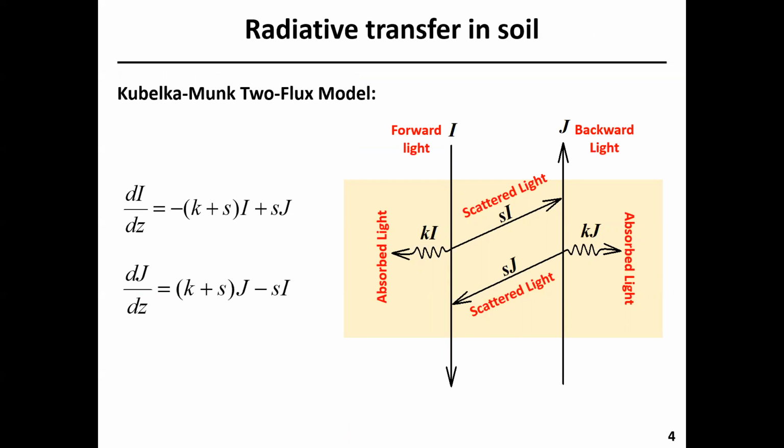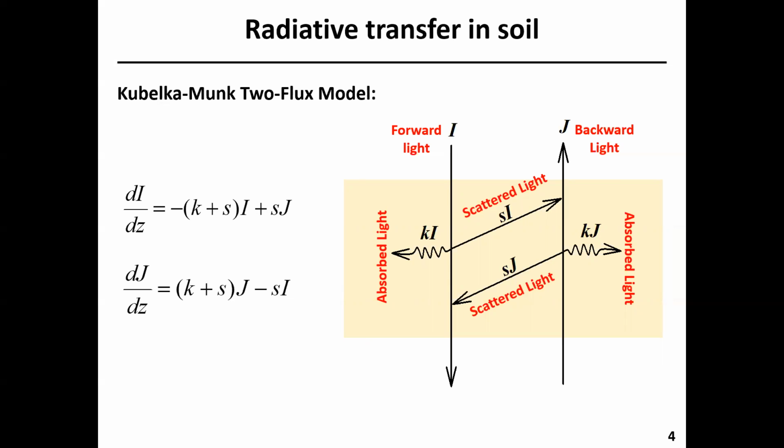To explore the relationship between soil moisture and soil reflectance, a few years ago, I found this radiative transfer model very helpful. It's called the Kubelka-Munk two-flux model, and it explains the radiative transfer in soil and other materials by two vertical fluxes. I is a forward light flux and J is a backward light flux.